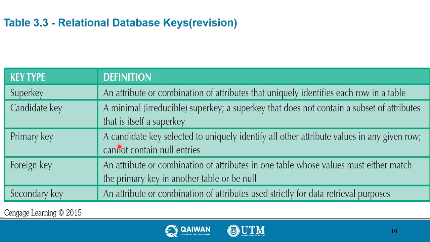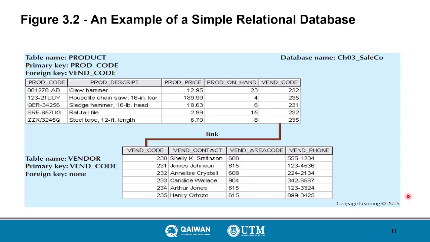The primary key is a candidate key selected to uniquely identify all other attribute values in a given row, cannot contain null entries. Foreign key, an attribute or combination of attributes in one table whose value must either match the primary key in another table or be null. Secondary key is an attribute or combination of attributes used strictly for data retrieval purposes.